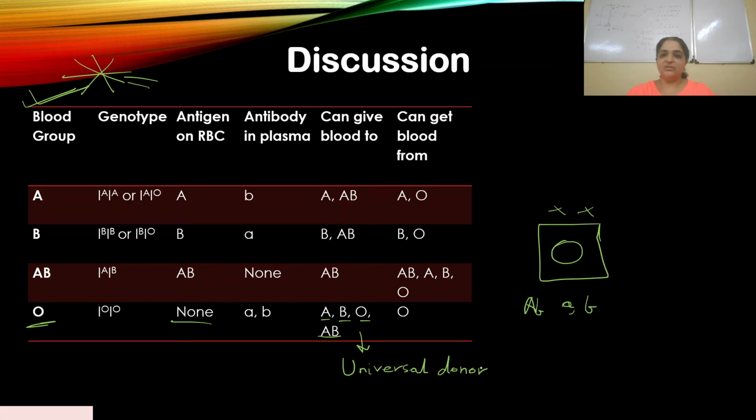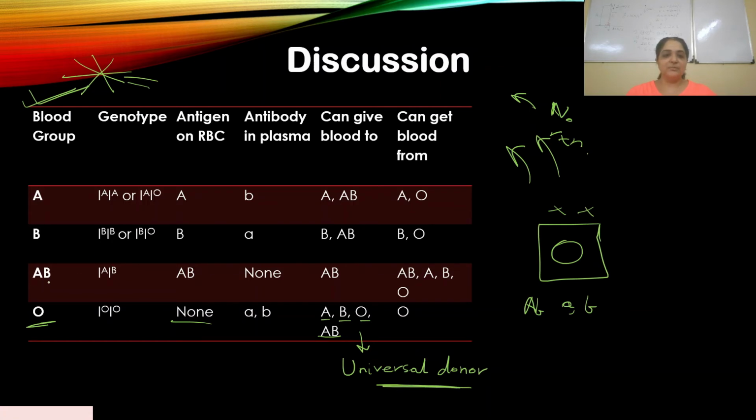It is a universal donor. Since there are no antigens present, when it goes to another person's body, no reaction happens, so that person is safe. So it is okay to transfuse blood from one person to another. It behaves like a universal donor.